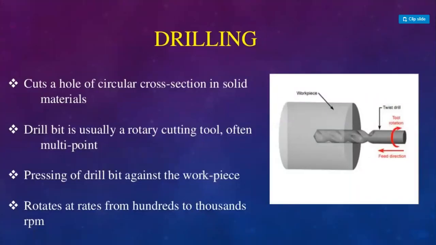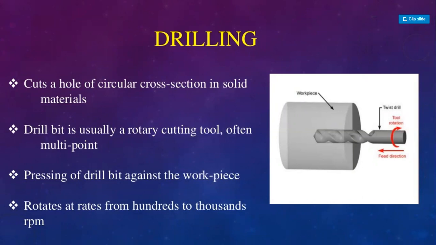The next operation is drilling. I have already told you that a lathe is called a machine tool, not a machine, because we can do a number of operations with it. Drilling is one of the most popular operations that we perform on a lathe.